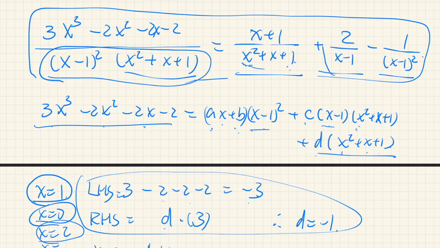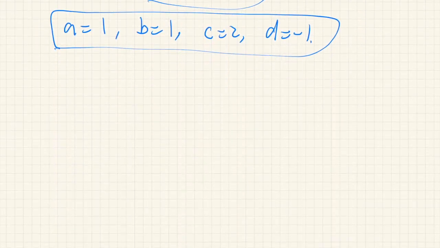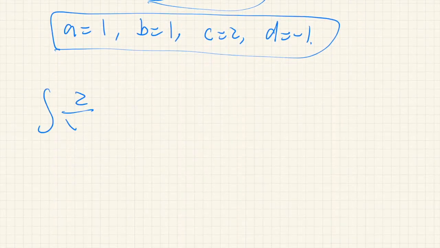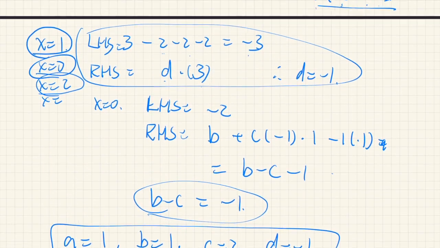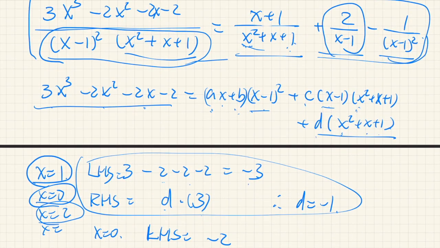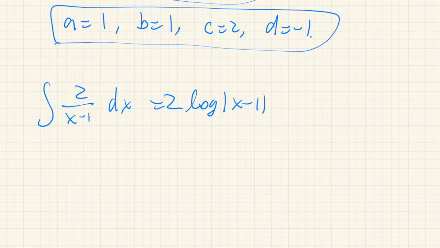Okay, so the easiest one should be this one. If we integrate x minus 1 dx, that is just 2 times log of x minus 1 plus a constant, and that was easy. The next easiest one should be this one.